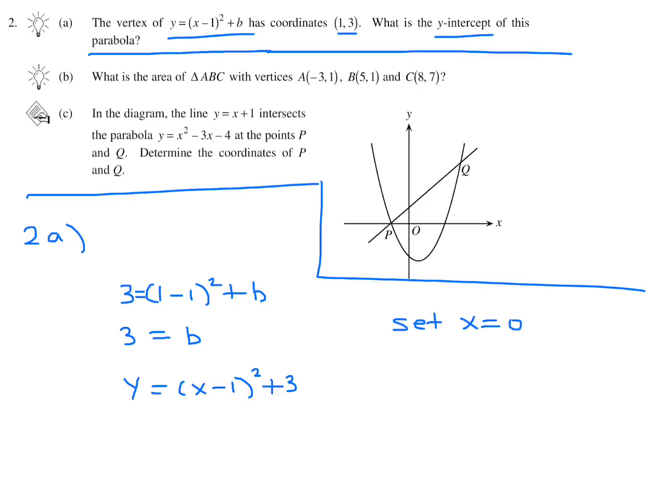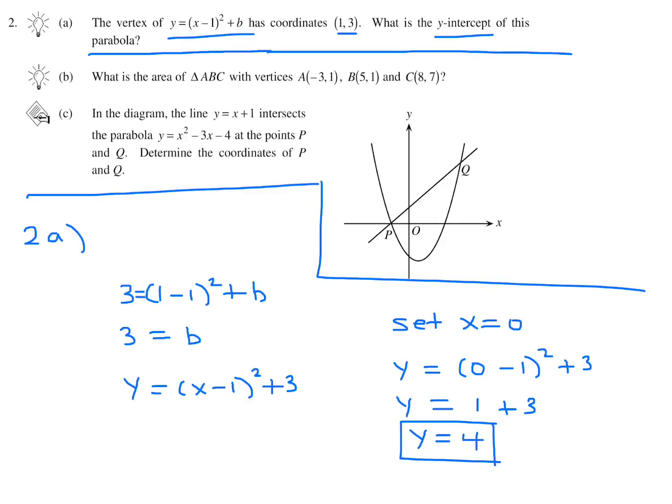So that makes y is equal to 0 minus 1 squared plus 3. So y is equal to negative 1 squared, which is 1, plus 3. So therefore y is equal to 4. So the y-intercept is 4.